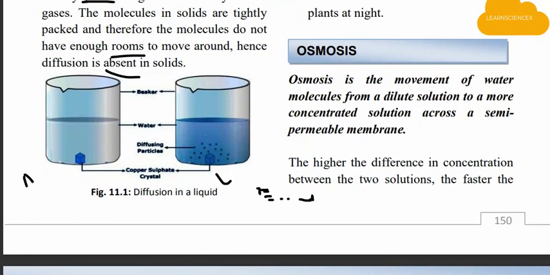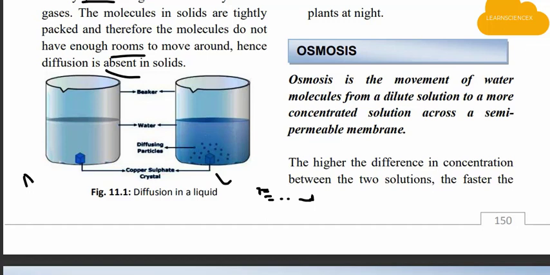There is an experiment to demonstrate diffusion. We have our beaker here, we also have water, and we have copper sulfate crystals. First of all, we put water into the beaker and then we place our copper sulfate crystals into it. This is before.